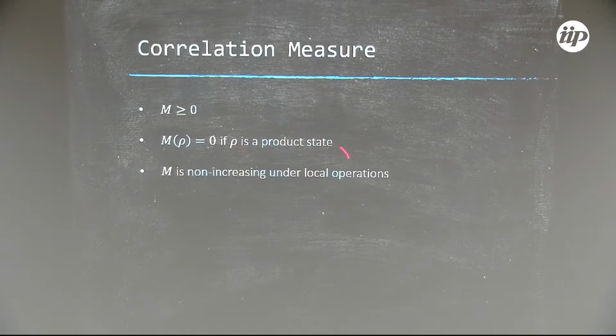And it has to be non-increasing under local operations. So it doesn't make sense that with local operations, I will create some correlation, okay?